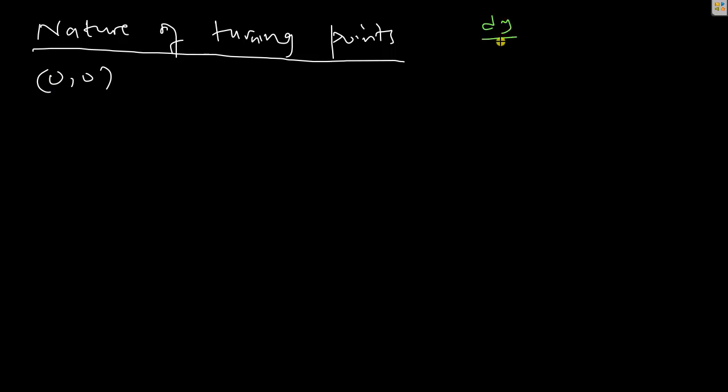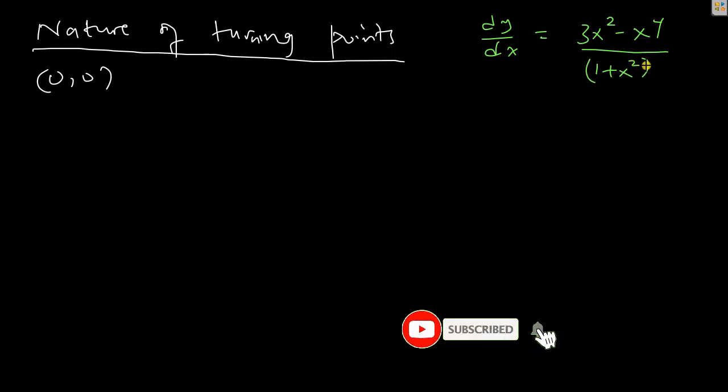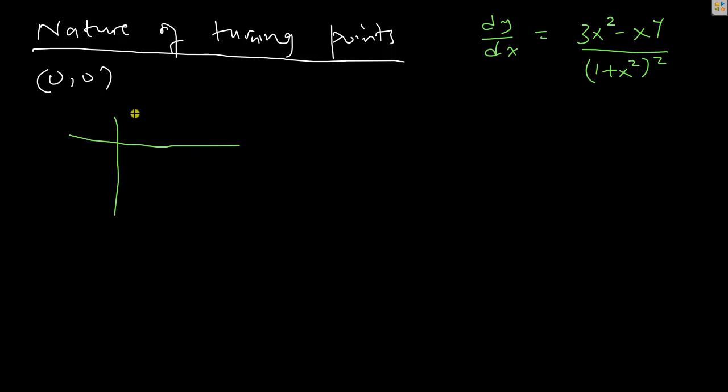My expression for dy/dx is (3x to power 2 minus x to power 4) divided by (1 plus x squared). So I'm going to get values that are less than 0, greater than 0. I substitute them here to see what I get as the nature for every turning point.